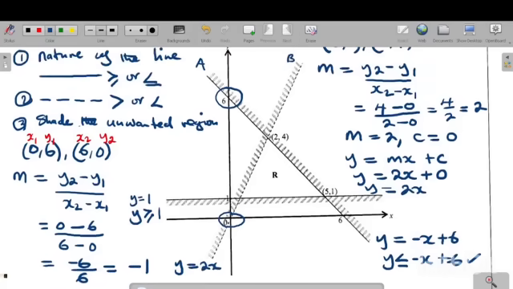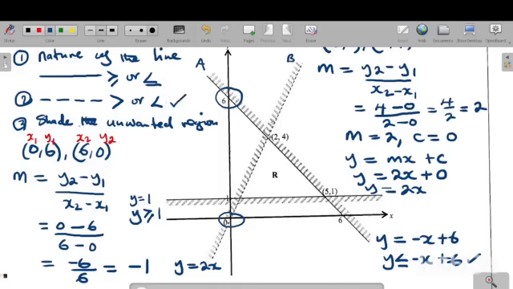Now, what about the inequality? First of all, ask yourself, is this line a dotted line or a full line? When you look at this line, it is a dotted line. So our inequality will have one of these.